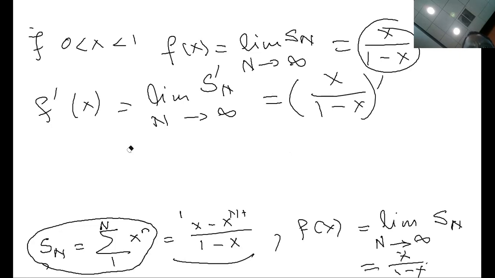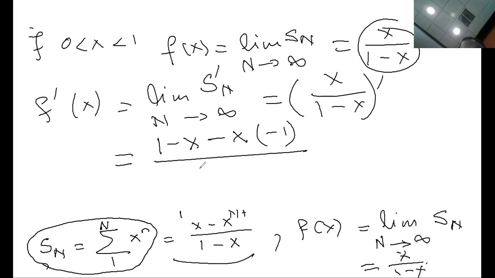You know how to do the derivative of a quotient, right? Derivative of the numerator times the denominator, 1 minus x, minus the numerator times the derivative of the denominator, divided by what? The denominator squared.